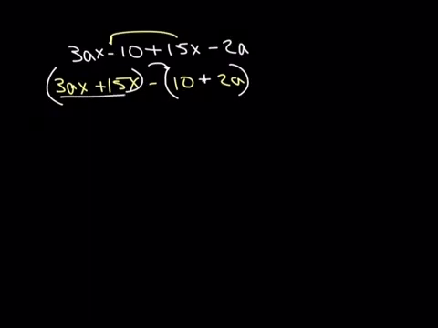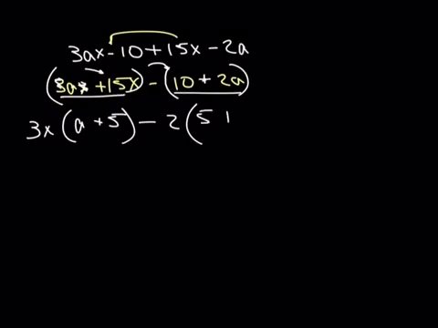So what's common there? I've got a 3 and an x. What do I have left in here? I've got an a because I got rid of my 3 and an x. I pulled out a 3 from the 15 and I have 5 left. And I pulled out an x, so I'm done. What about here? What's common? A 2. And I have a 5 there plus that 2 went away. A there.